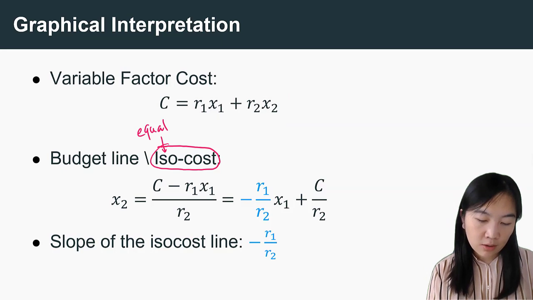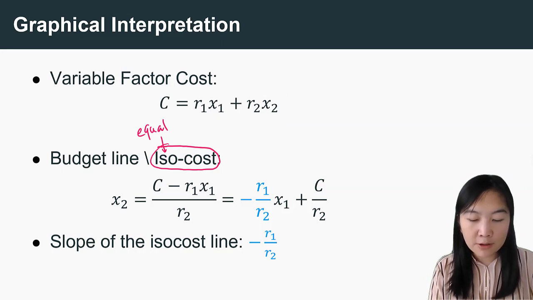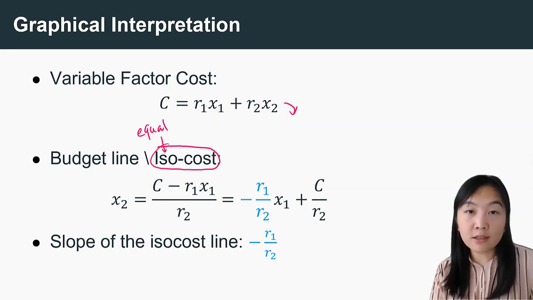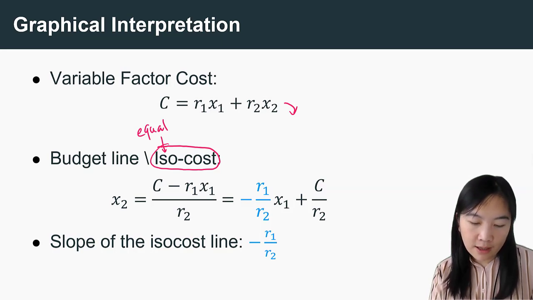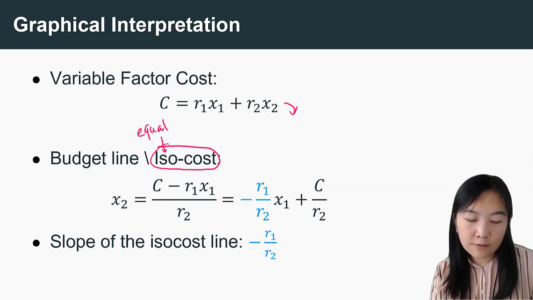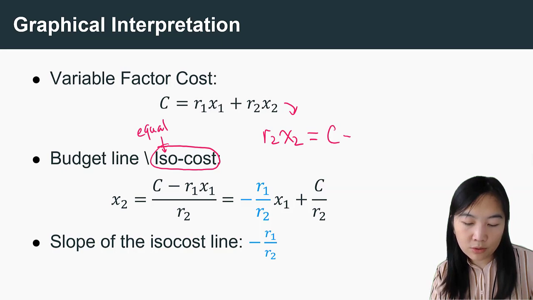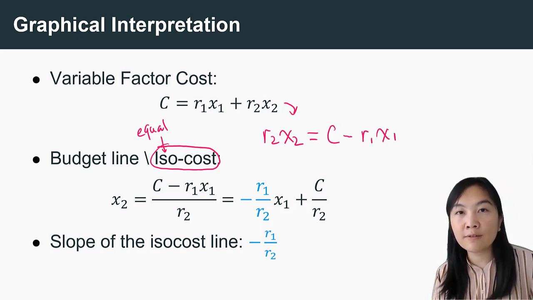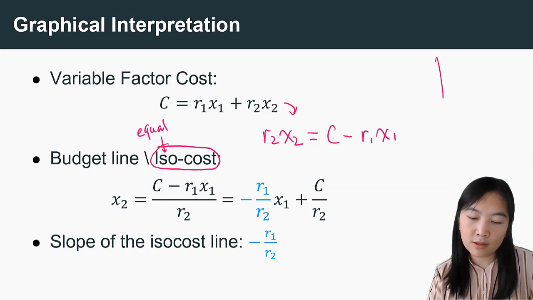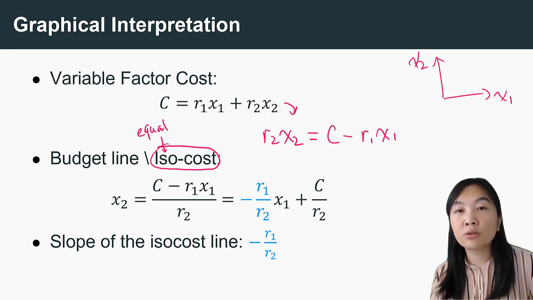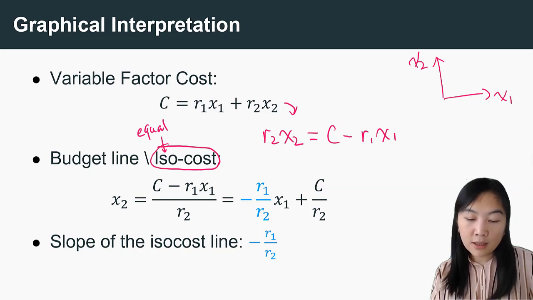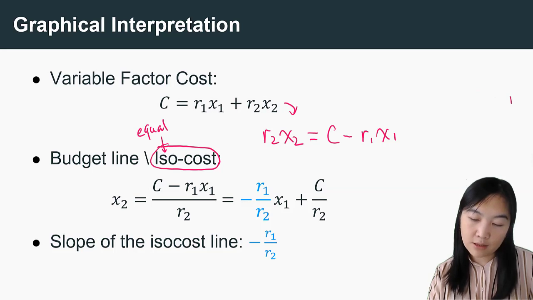We work with this variable factor cost equation, and we move the x2 term to the left of the equation, and that will equal C minus R1 x1. Why do we move x2 to the left? Because usually for the isoquant curve, x2 is on the vertical axis, so we want to write x2 as a function of x1.